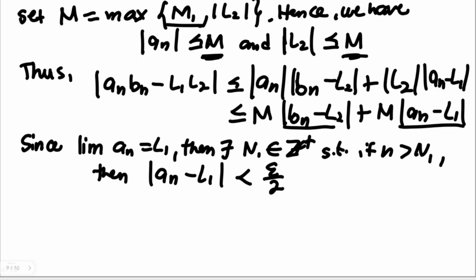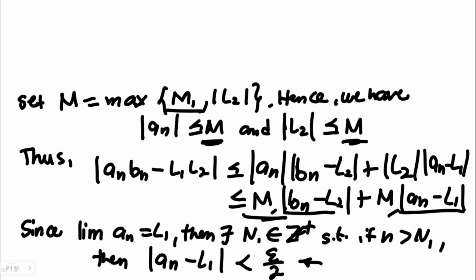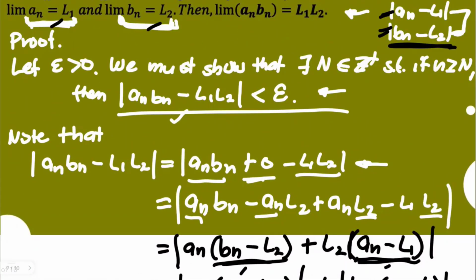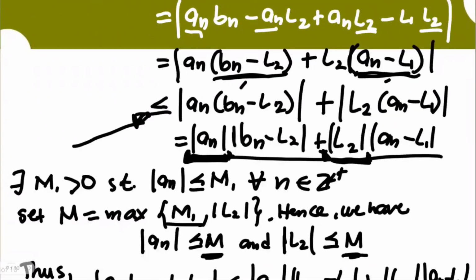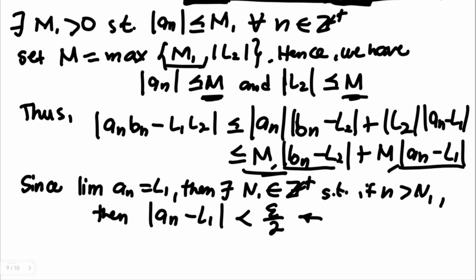But take note, we have constant m here. How do we make sure that this, when combined with m, will return to a certain epsilon, noting that there are 2 of them? Because if this is just epsilon over 2, once you substitute here, m will still appear. So what you need to do here is epsilon over m.